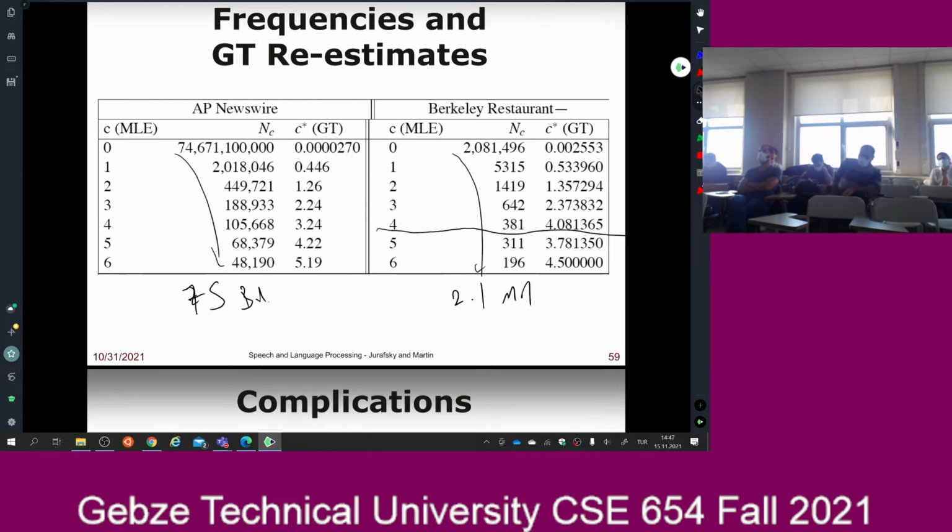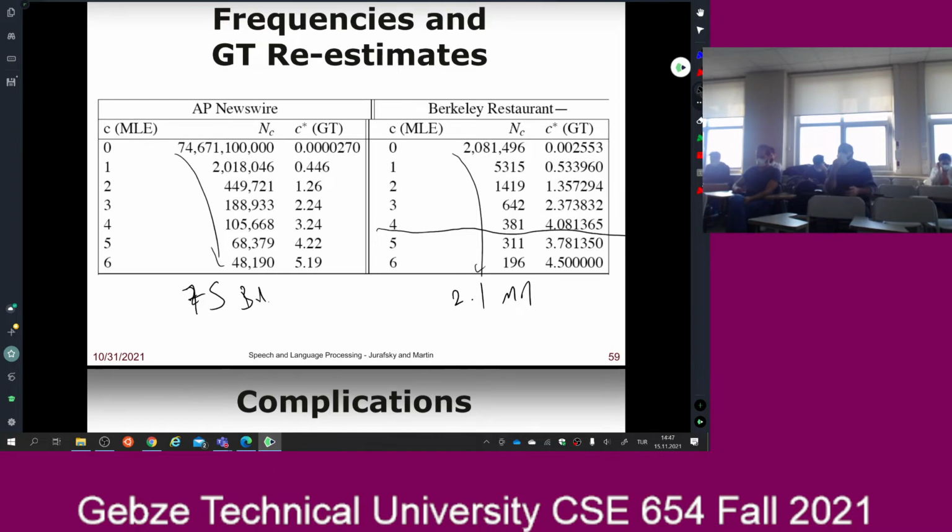So it is saying that whatever happened like 4 times could have been 5 times or 3 times, right? Something like that. Again, it's an intuition thing, and experimental evidence says that this Good-Turing works better than the Laplace smoothing.